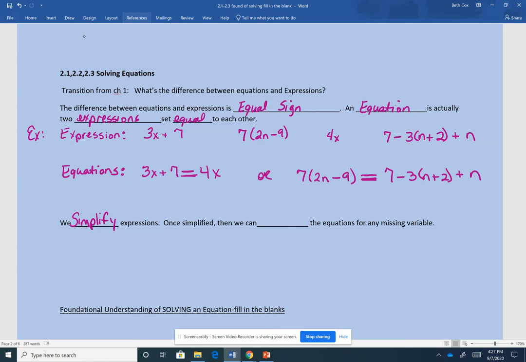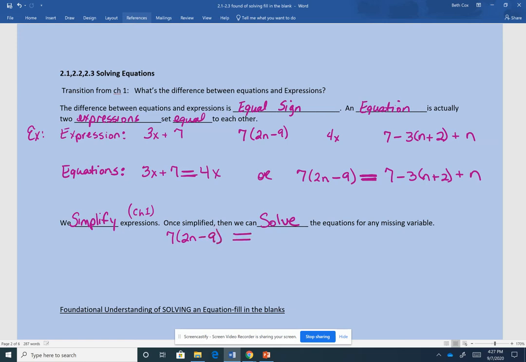expressions. This is what we did in chapter 1. But once the expressions are simplified, then if there's an equation, we can solve an equation, okay, for the missing variable. So let's take the one we had before.